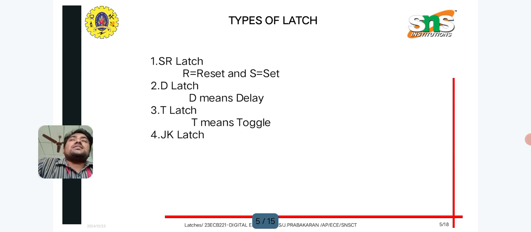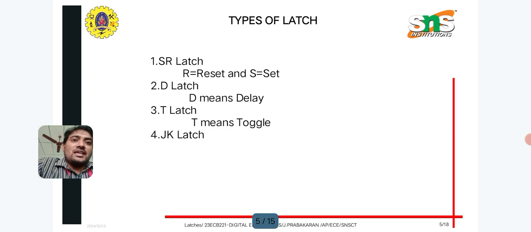Its operation: J equal to 1, K equal to 0 means output Q equal to 1, which means set state. J equal to 0 and K equal to 1, the output Q equal to 0, which means reset state. Then if J equal to 1, K equal to 1, the output Q toggles. J equal to 0, K equal to 0 means Q retains its state.